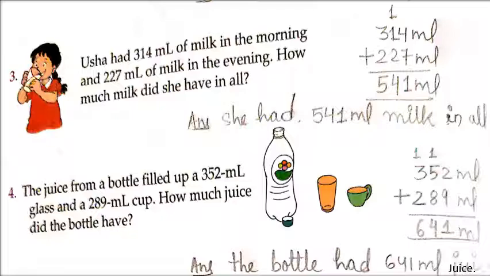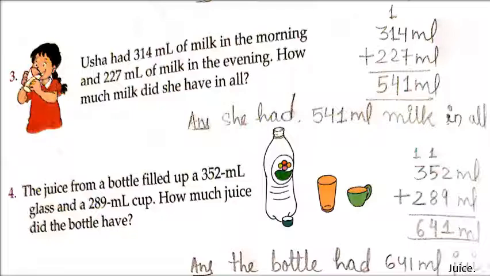Okay, so we add 314 milliliters plus 227 milliliters. So we start adding from the right side. 4 plus 7 is 11. So we write 1 here and 1 is carry. Now at tens place 1 plus 2 is 3. Add 1 carry.